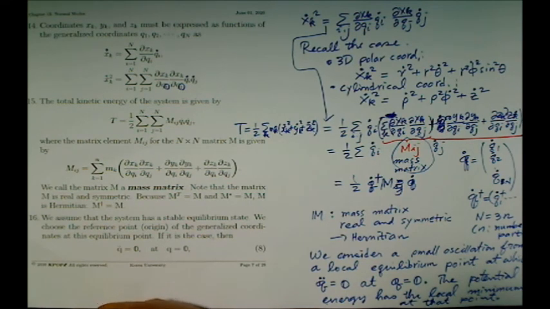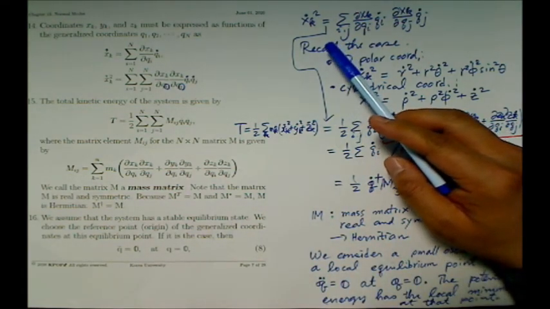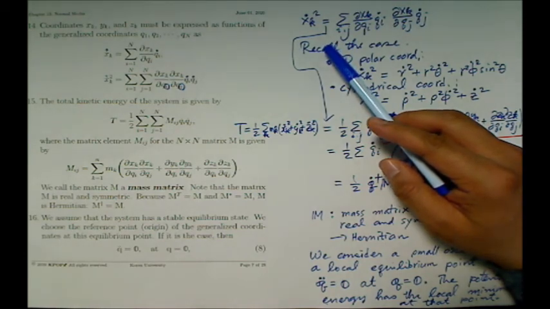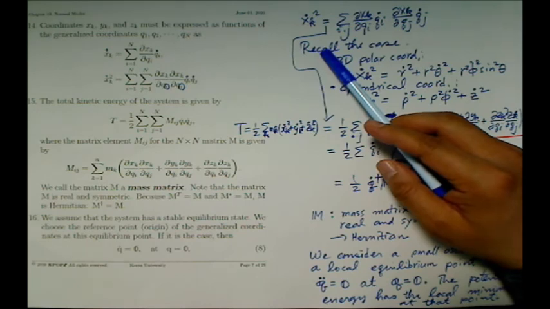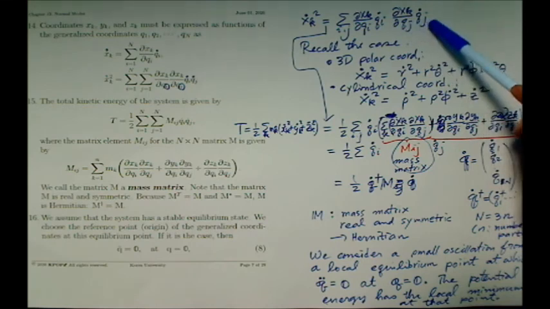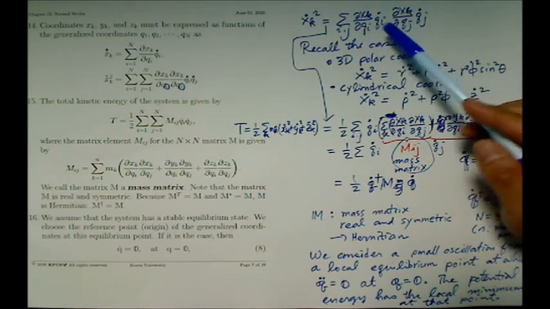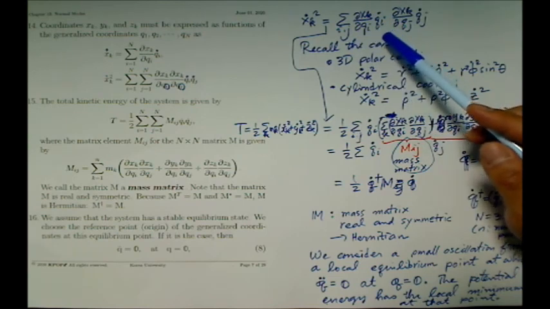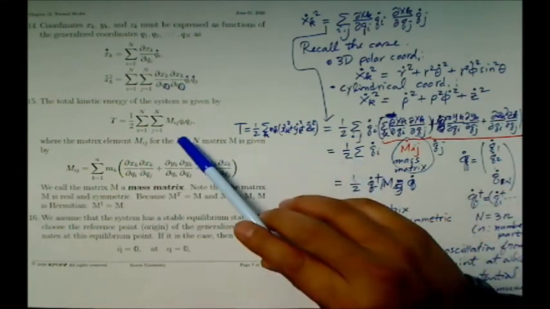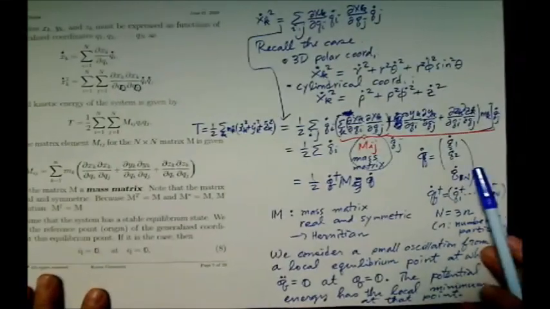The expression for the velocity squared is needed to express the kinetic energy. You can expect that we would like to construct the Lagrangian of the system. Then we have qi dot and qj dot, and we need to multiply these coefficients, the partial derivatives, and multiply the mass to find the kinetic energy of the system of particles.